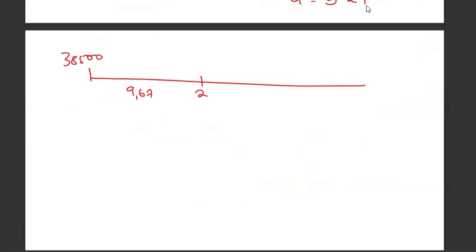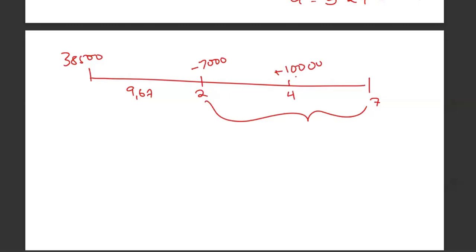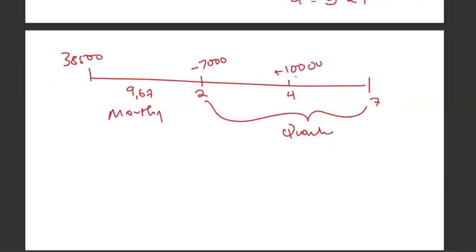And then there's a 4 and probably a 7, and then the interest that side. There was 7,000 taken, there was 10,000 deposited. I think that's all the information we have. Oh, there's a monthly. This is quarterly. The quarterly one is 9%.